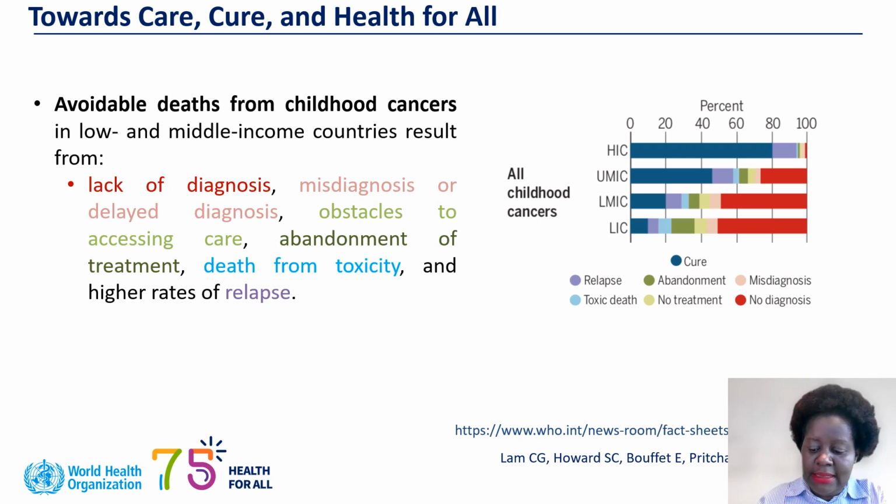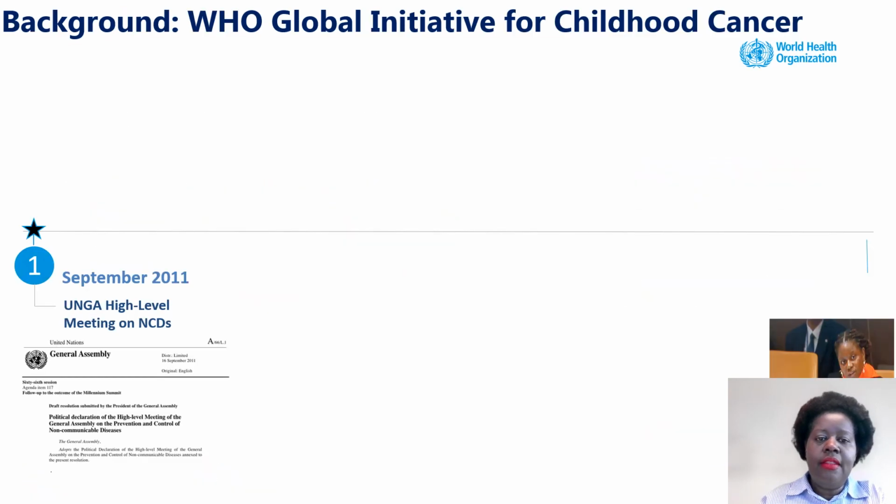This global health inequity is what led to the Global Initiative for Childhood Cancer. It came about in September 2011 during the UN General Assembly meeting on NCDs, which led to a lot of political commitment at the high-level meeting.